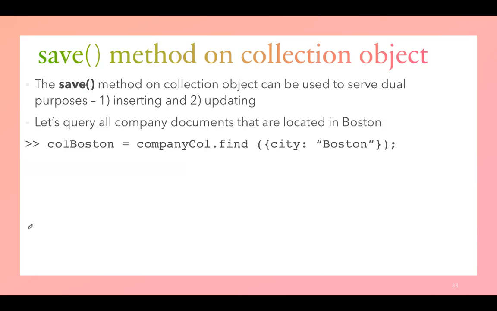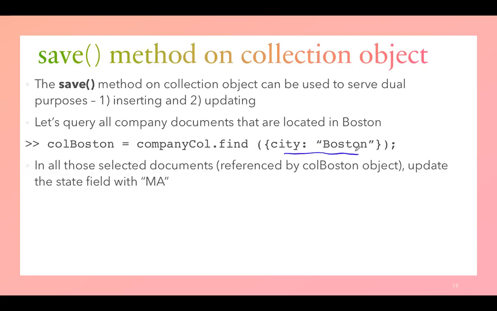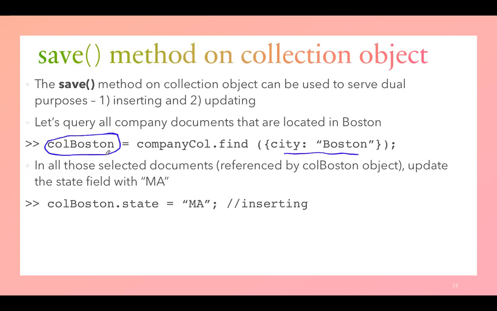So here I'm looking for documents where the city equals Boston. And one of the things I want to do is I have this Boston set of collections of documents where the city equals Boston, and update with the state field, right?